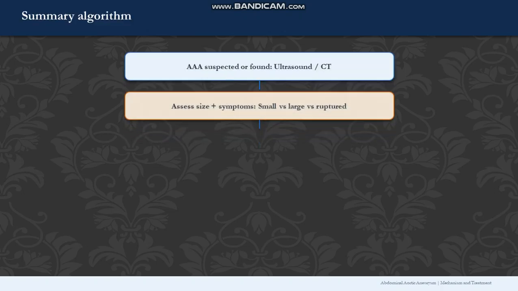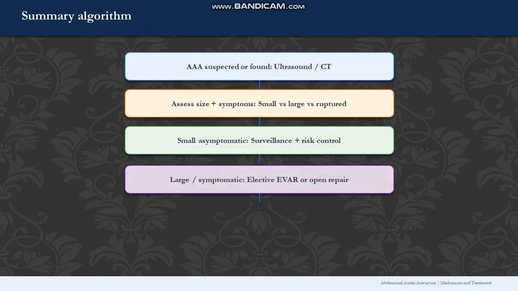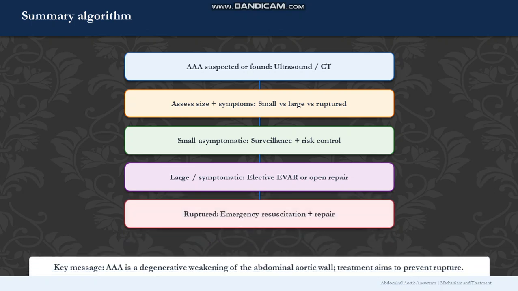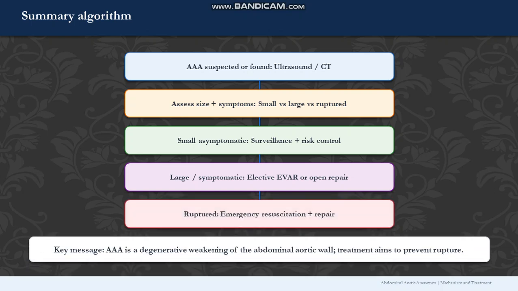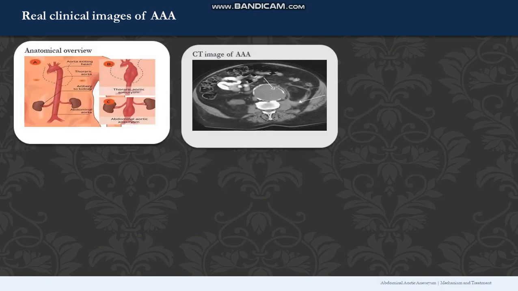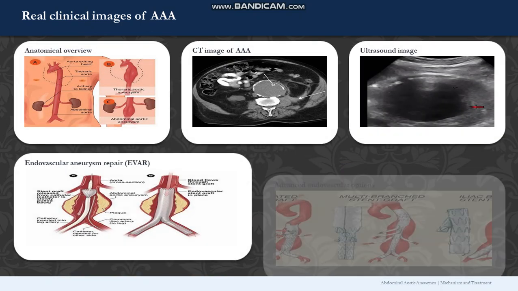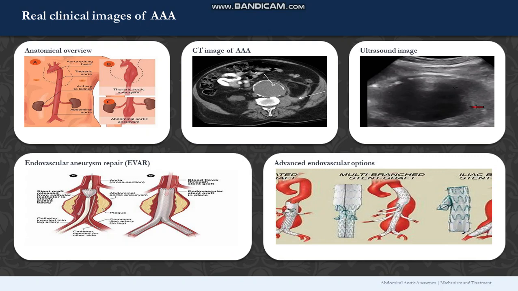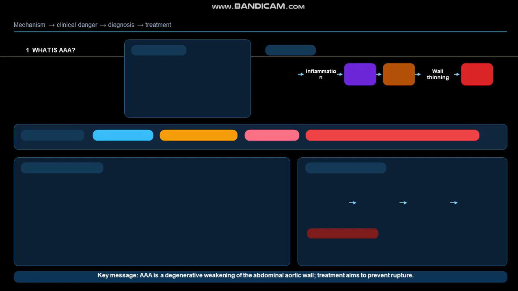That is the summary algorithm. The key message: abdominal aortic aneurysm is degenerative, weakening the abdominal aortic wall. Treatment aims to prevent rupture. These are the clinical images of the EVAR or open surgical processes.